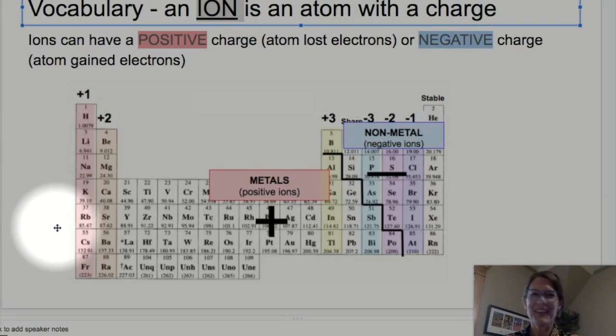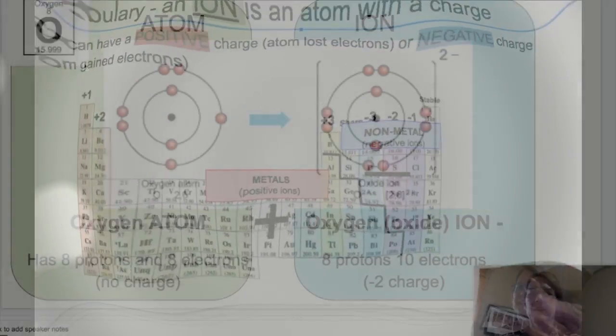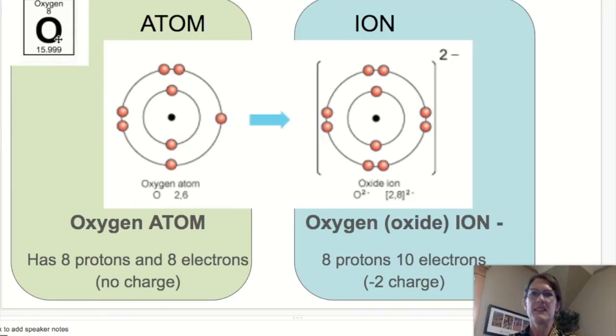Now back to our notes here. On this slide, we see the periodic table square for oxygen. Remember that the atomic number of 8 means in an atom of oxygen, there are 8 protons, A equals P, and 8 electrons.